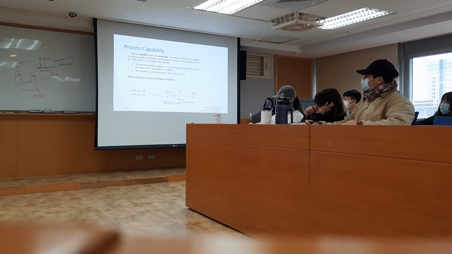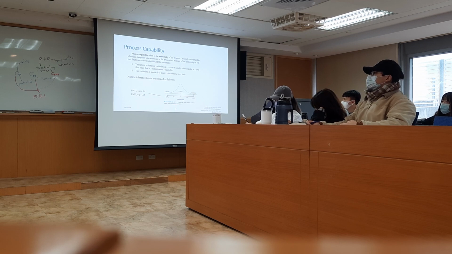So this is the instantaneous upper natural control limit and the lower natural control limit. The natural limits are defined as follows. This is like a snapshot we take at a particular time.